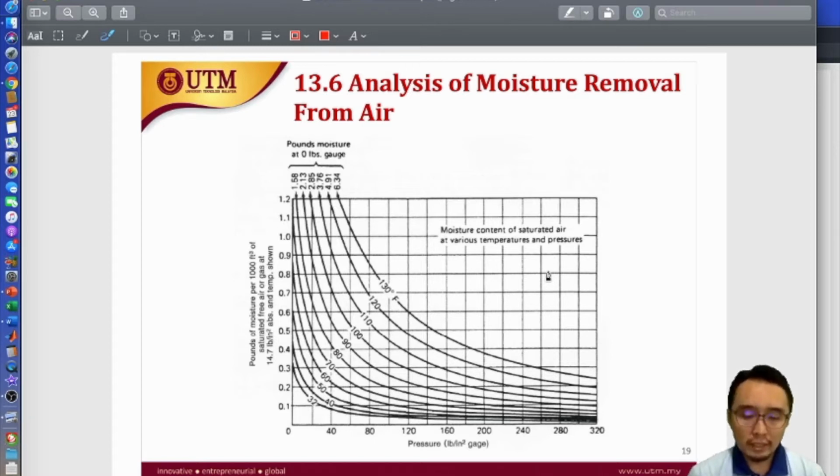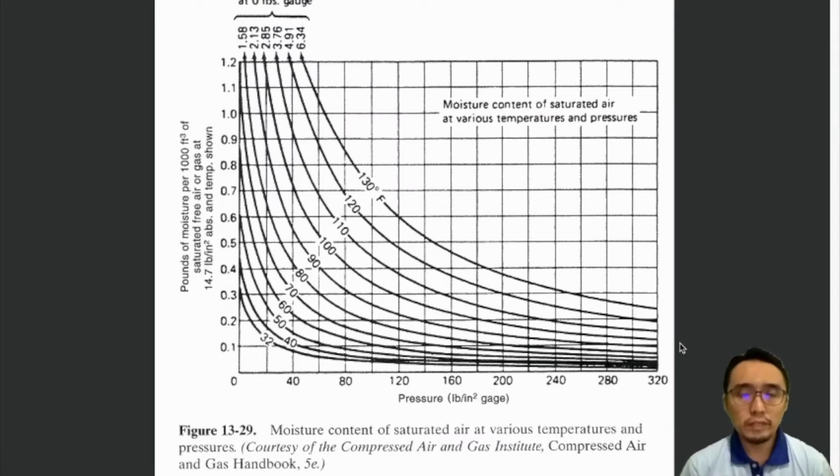So we can analyze the relationship of the moisture content of air using this graph. From this graph we can see the amount of moisture contained in saturated air at various temperatures and pressures.